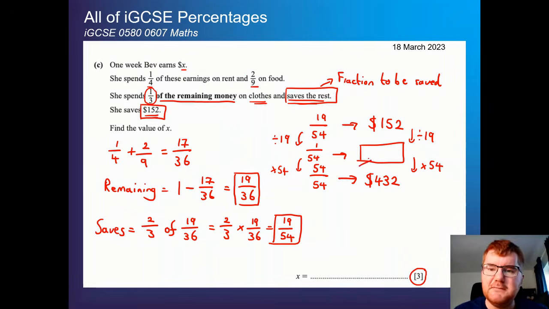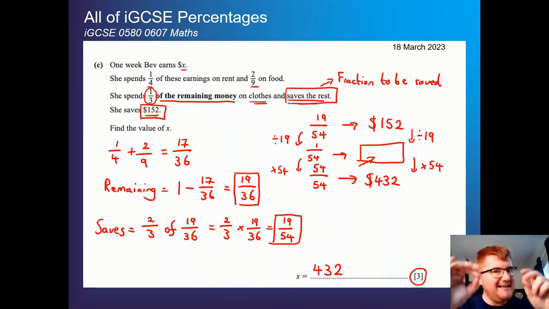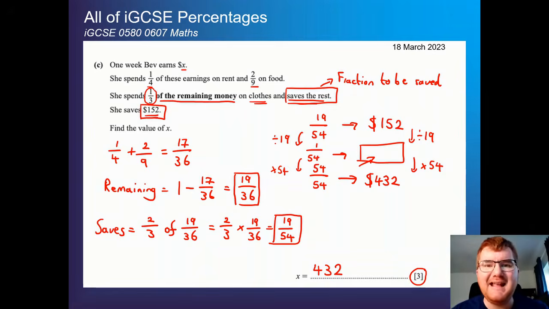Again, we can write in the intermediary step if we need to show the working, but this amount of working is more than enough to get all the marks. You're going to see this 3-step process again and again and again in this video. It's one of your big tools for any percentages question.